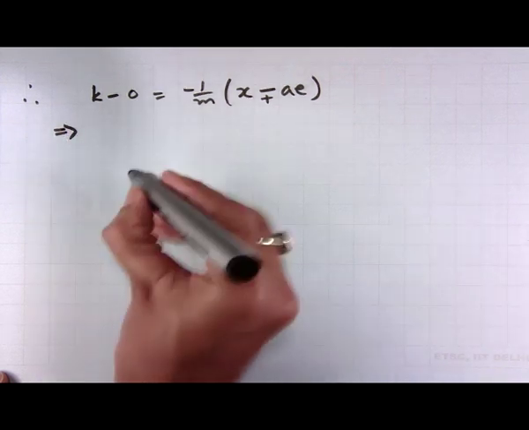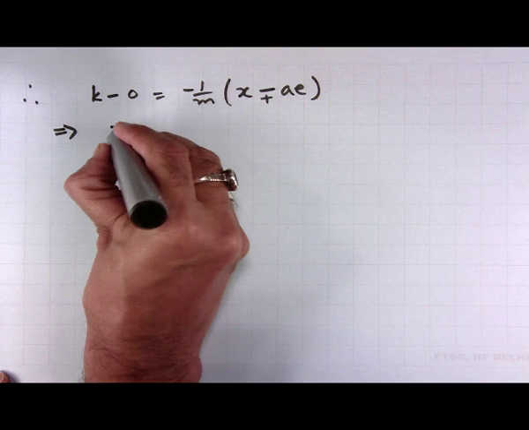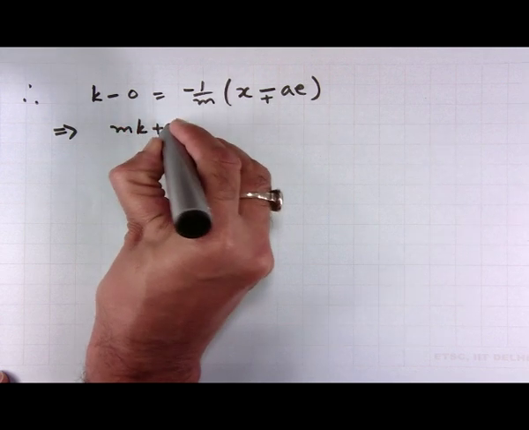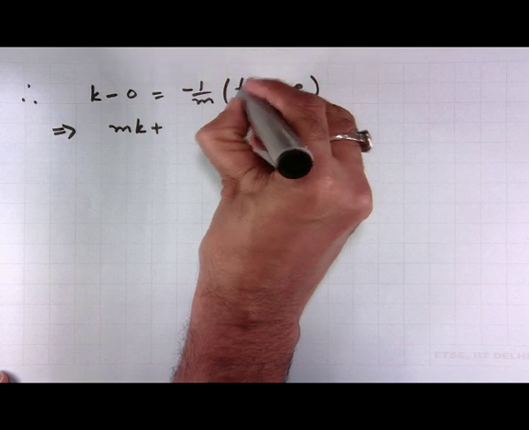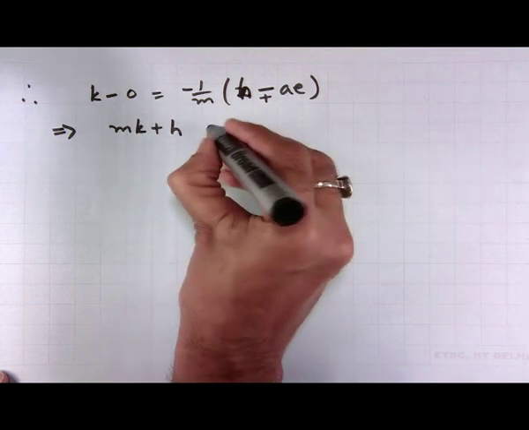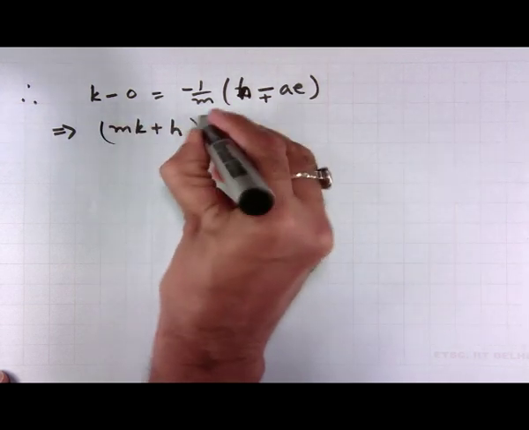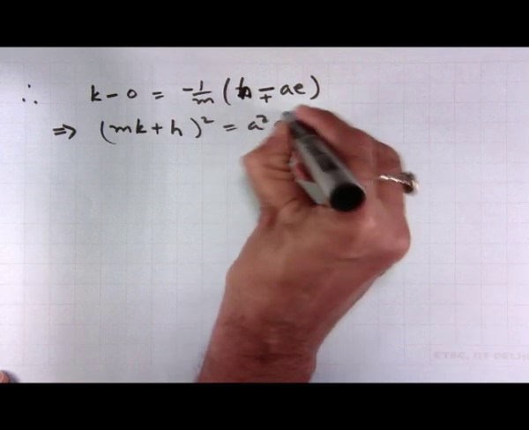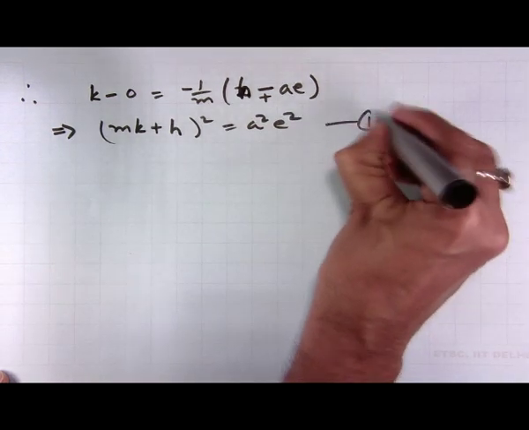This implies m k plus h, sorry, x is h, m k plus h square is equal to a square e square. This is one equation.